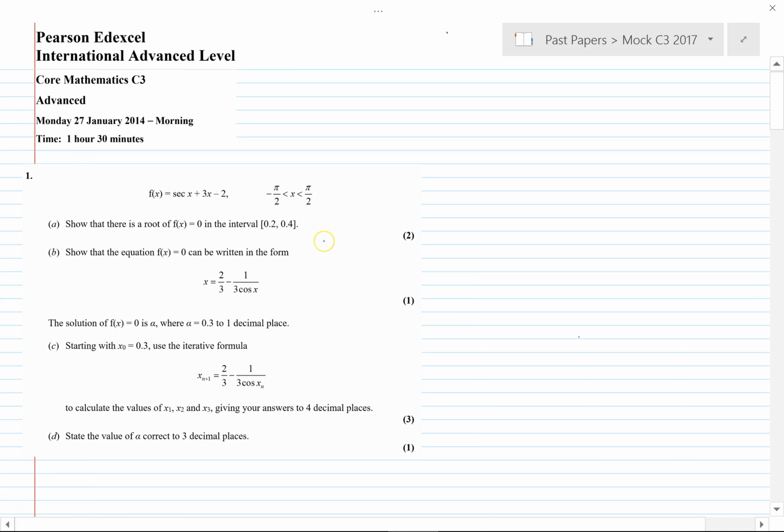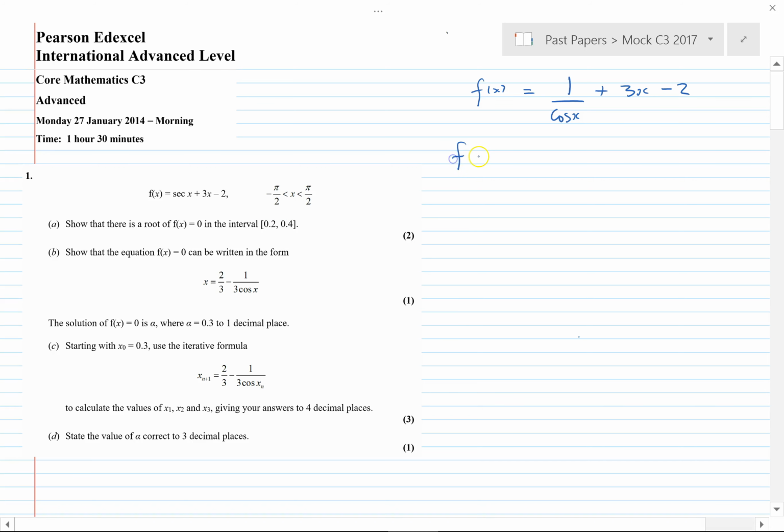It's a numerical methods question. We need to know that sec x, of course, is 1 over cos x, which I think everyone did know. So all we have to do is put these numbers in a calculator to show there's a change of sign.